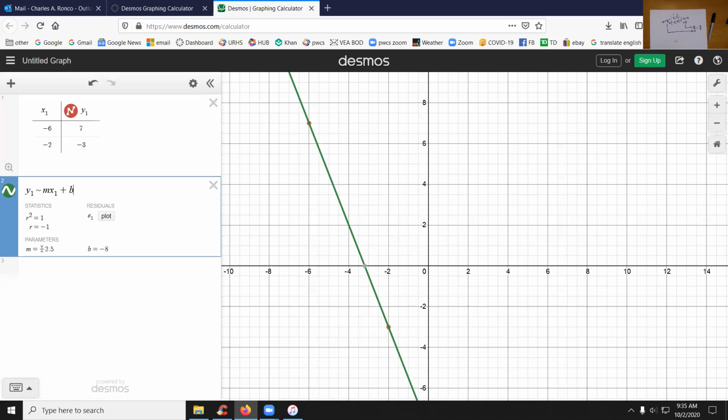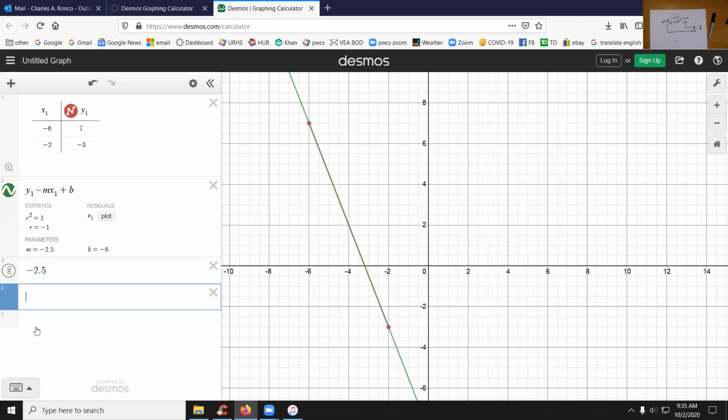Now, take a look. You see this? My M is negative 2.5. I wanted a fraction, right? And if I click on the little fraction button, it'll give it to me as a fraction. And that's what we got before.